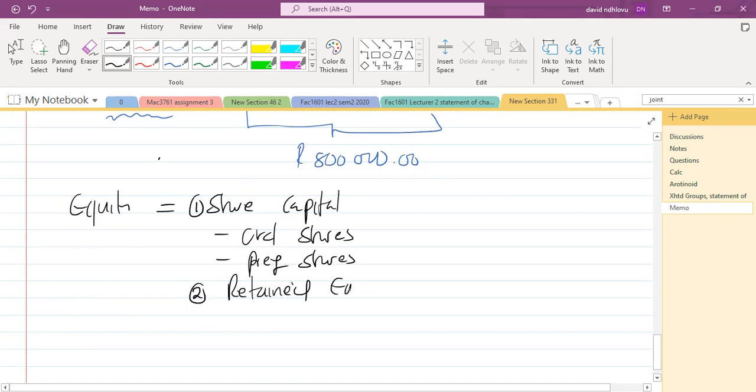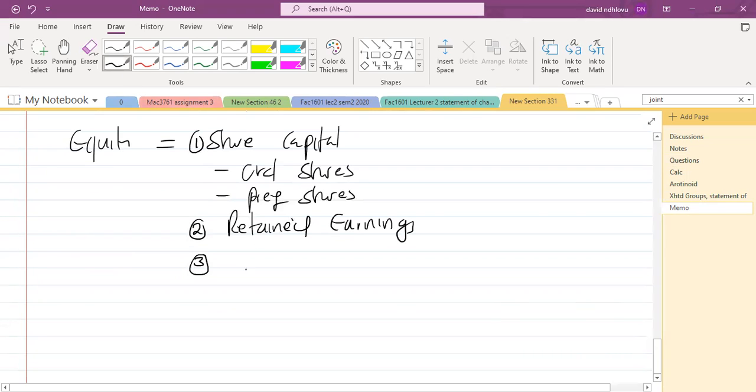The retained earnings are profits that were earned within operations of the business, but the owners did not withdraw them. They kept them in the business. So they are retained earnings. Remember, when you make a profit, it's available for withdrawal by the owner. If the owner decides to say, no, I want the money to circulate in the business, then it becomes retained earnings. Then we have reserves.